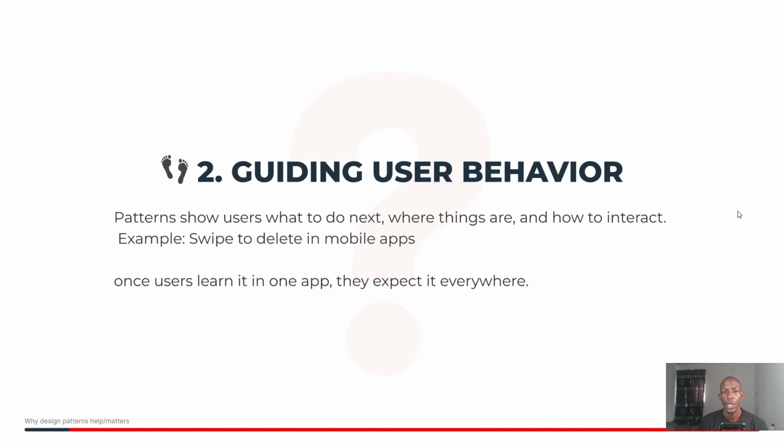Like I explained, if you visit a website you've never visited in your life before, if you see some text placed at the top, you get a sense that these are the navigation menus. If you see one that says contact us, you get a feeling that if I click this contact us, it's taking me to a different section where I would probably see an input field and a form to contact.